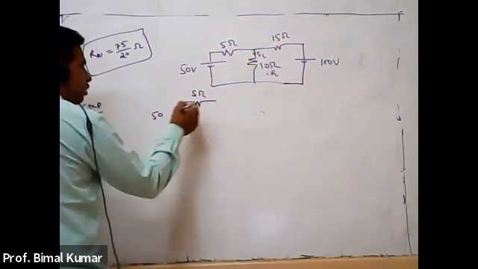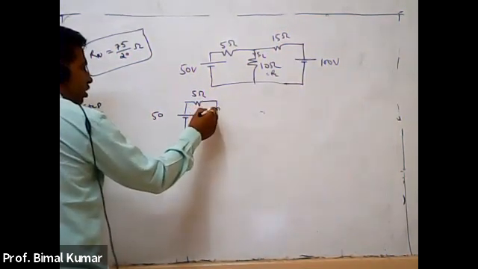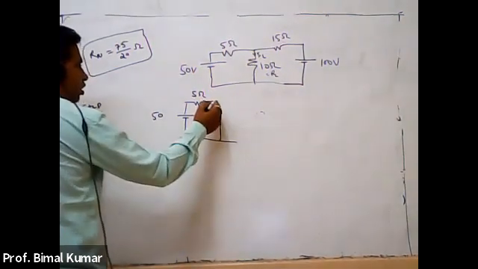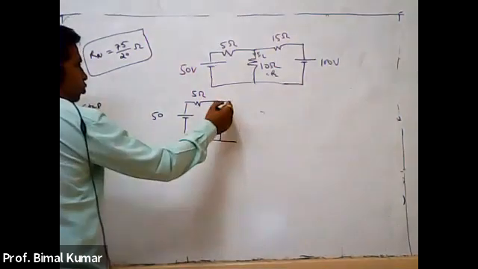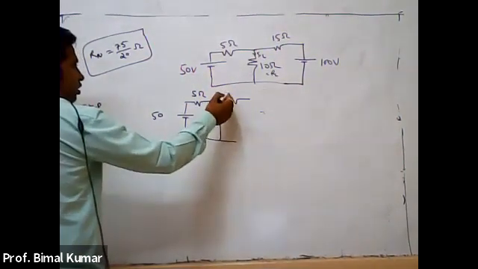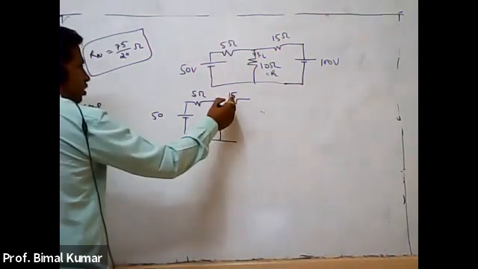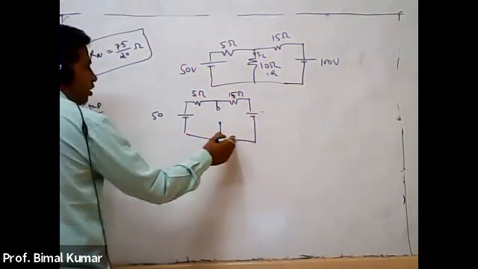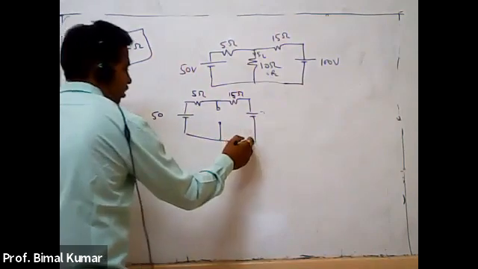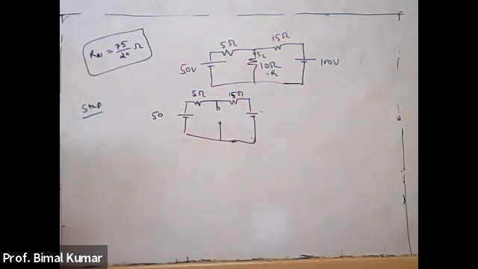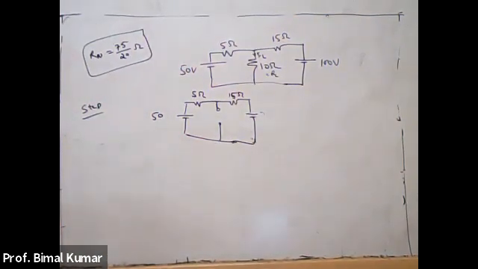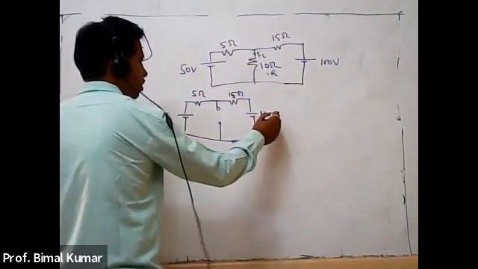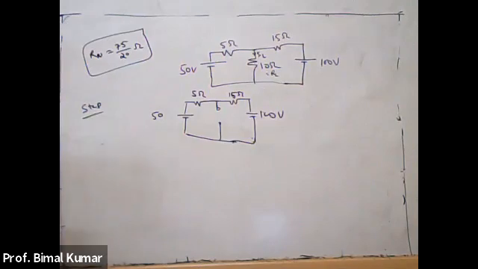This will be 5 ohm and 50 volt, and here this will be your open circuit. From this point, I removed the load resistance, and here this is your 100 volt source, right?